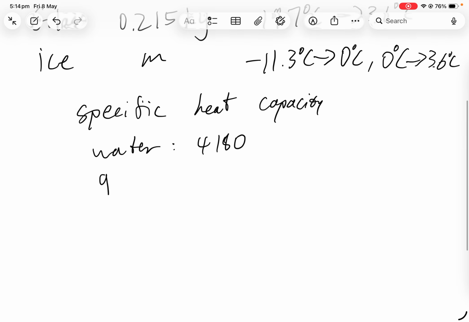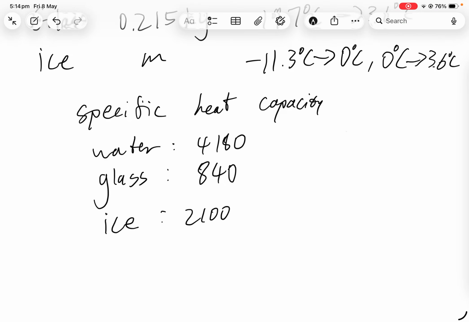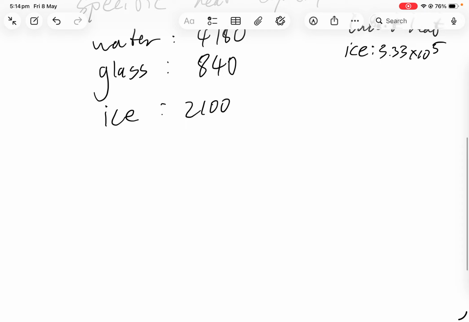Glass we don't know, so I searched it up, and it is 840, and ice is 2100, and the latent heat of ice is 3.33 times 10 to the power 5. Now we can start doing it.